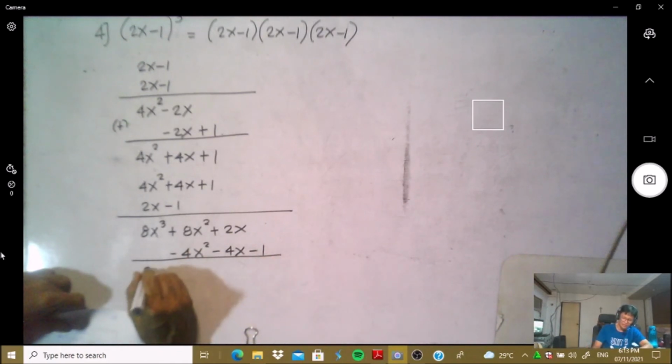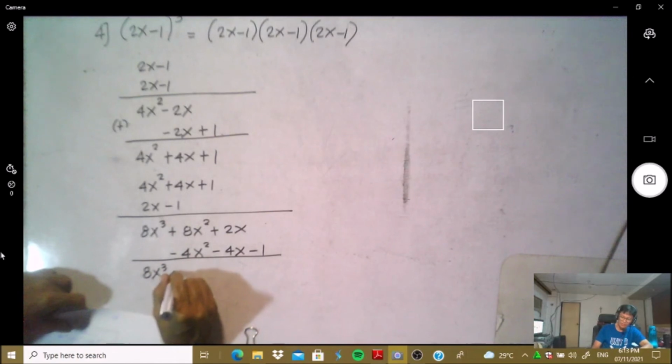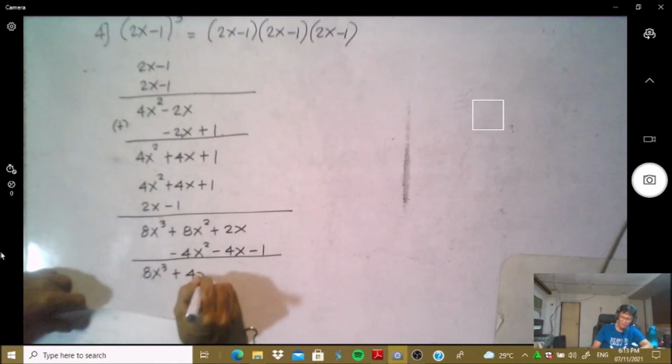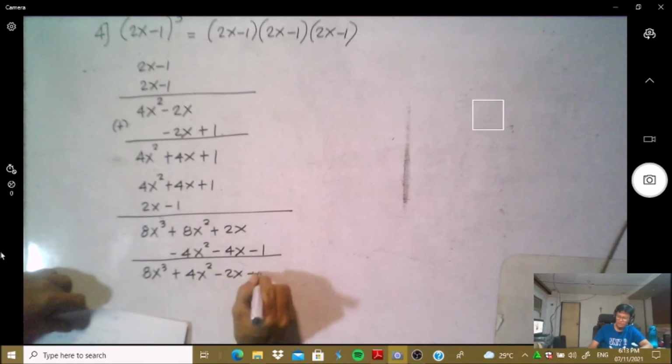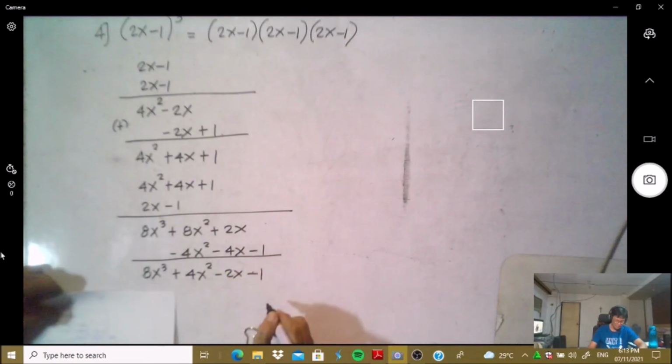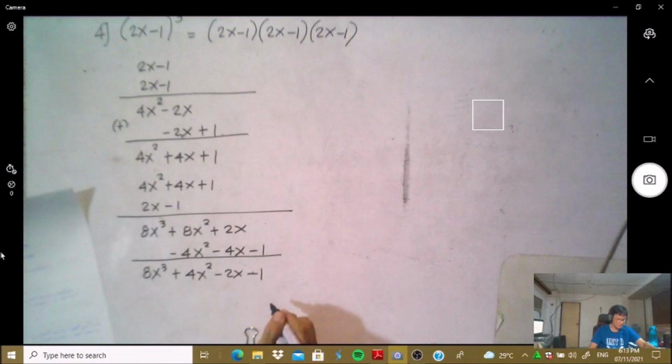We have 8x cubed. Then minus or plus 4x squared. Then minus 2x minus 1. This is now our answer. Let me check it. It is number 4. We have 8x cubed plus. Okay, let me review this.